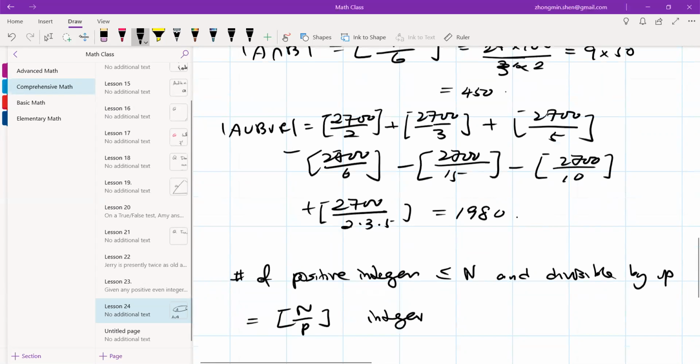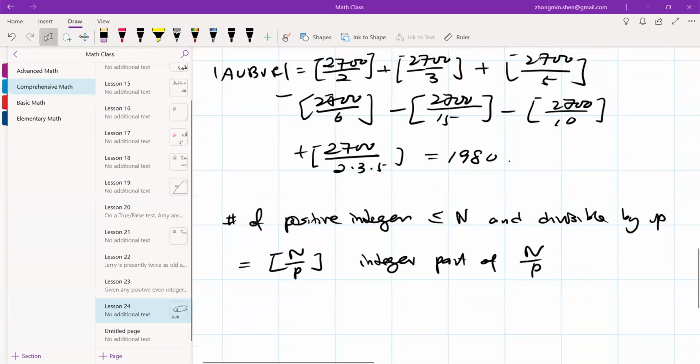The integer part of N divided by P, but this could be a decimal number, okay? Why is this true? Just do the division.